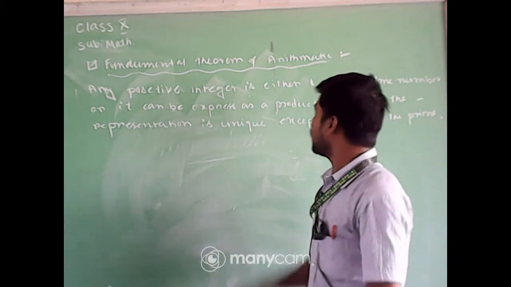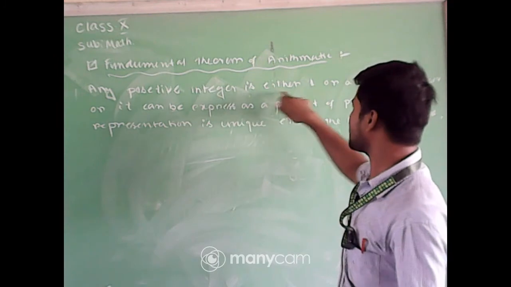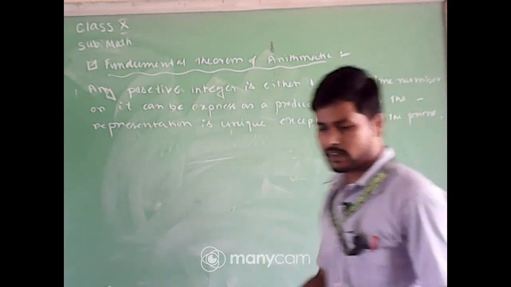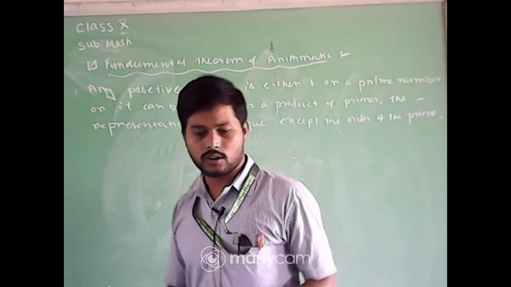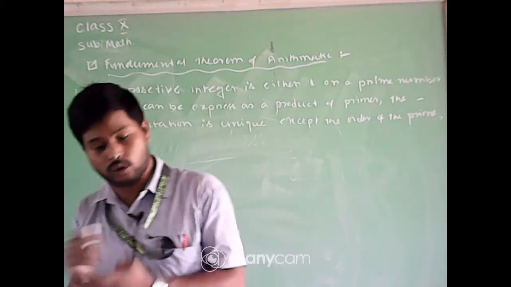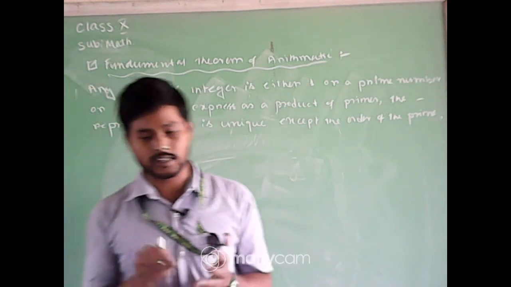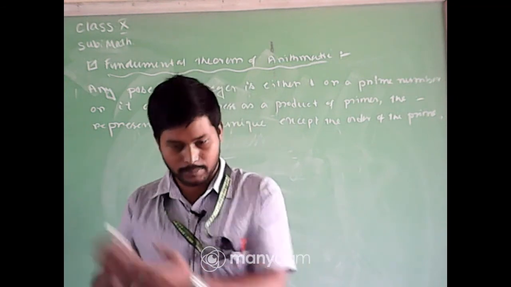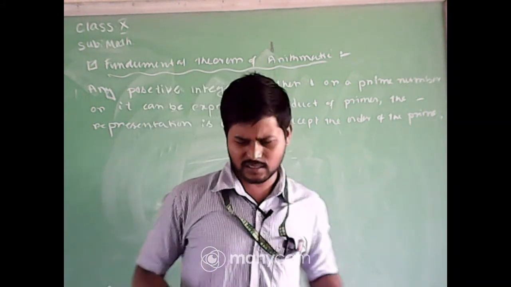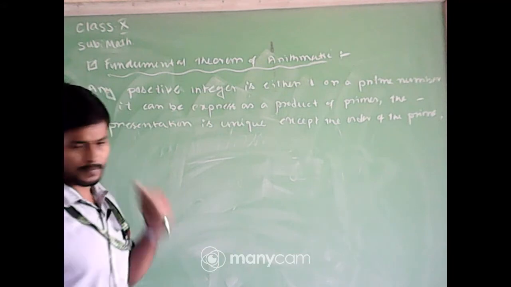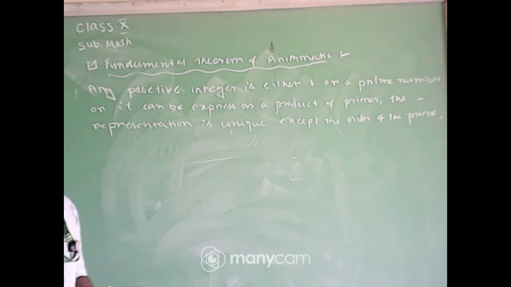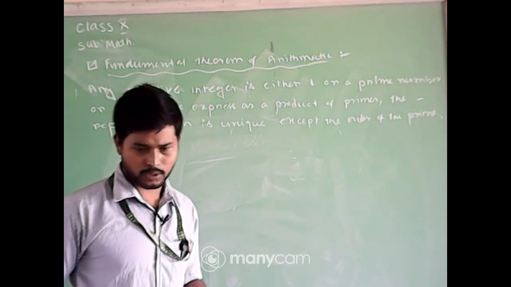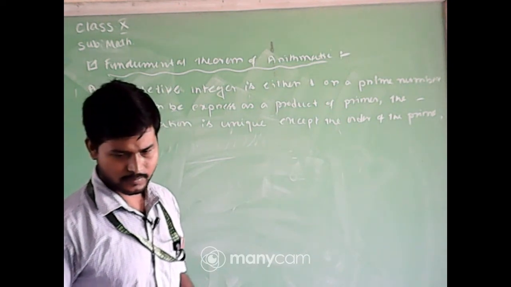Okay, so look, any positive integer is either 1 or a prime number, or if it is not 1 and not a prime number, then it must be expressed as a product of a few prime numbers. Would you like to give me an example of any positive integer? 6.